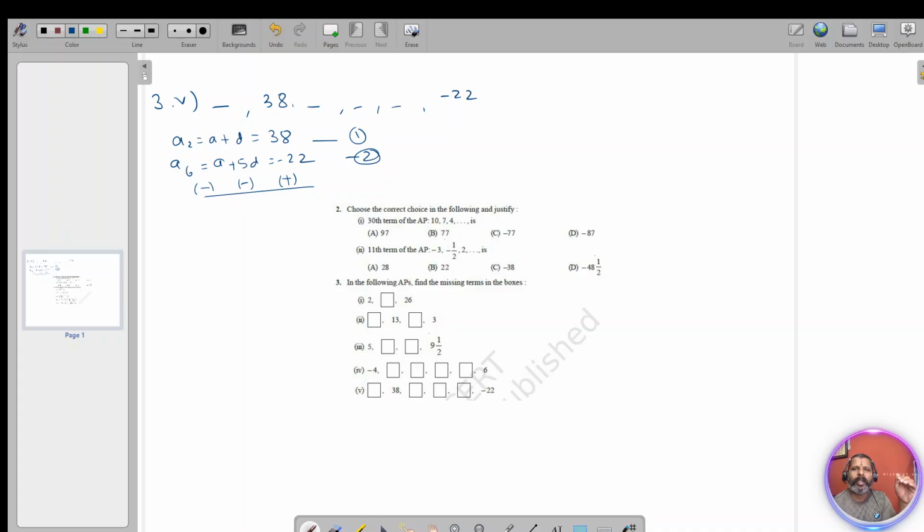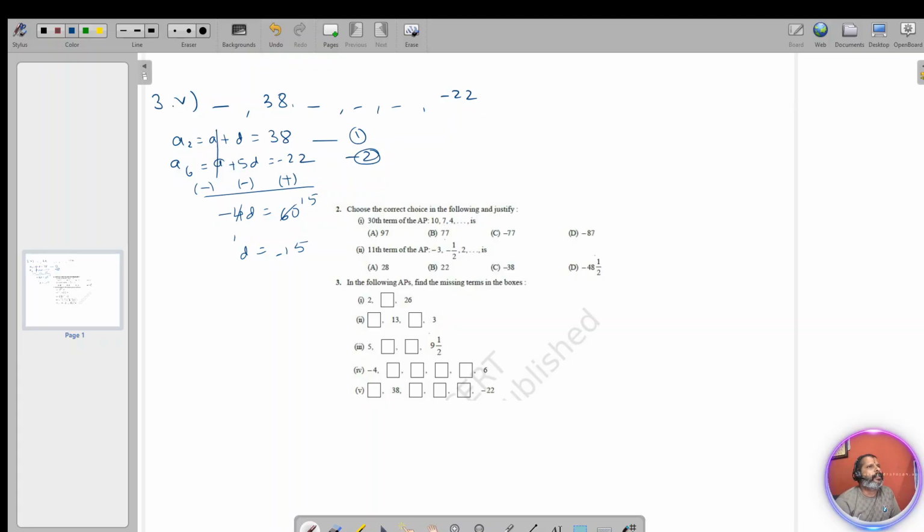We usually solve by elimination method. So A gets cancelled here. Then D minus 5D, because of the sign change, becomes minus 4D equal to 38 plus 22, that is 60. D equal to minus 15. We got it.